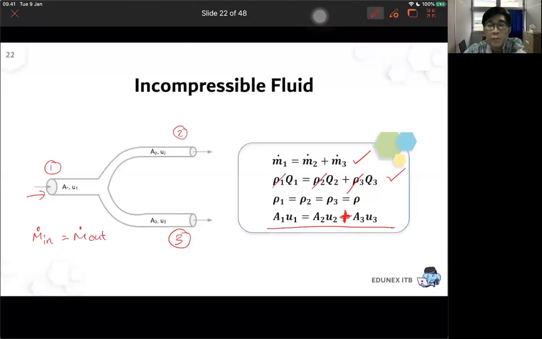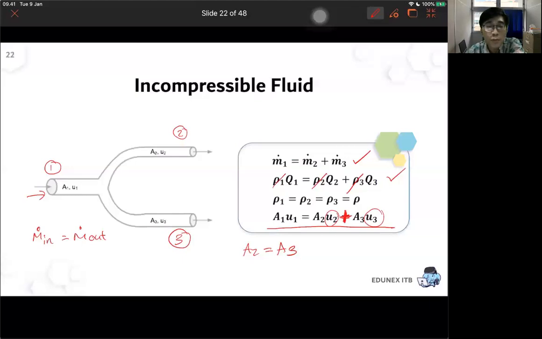Okay, so the change in velocity is actually the same. If the area A2 is similar to area A3, then the mass flow rate or the volumetric flow rate will be divided in half. Correct, right? If you have the same diameters at point 2 and point 3, then the mass flow rate or the volumetric flow rate will be divided in half.